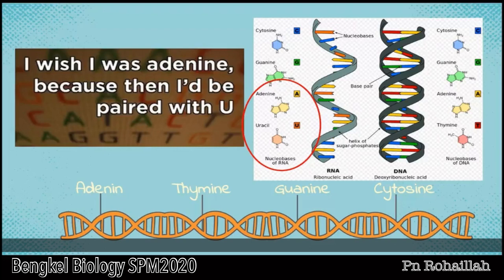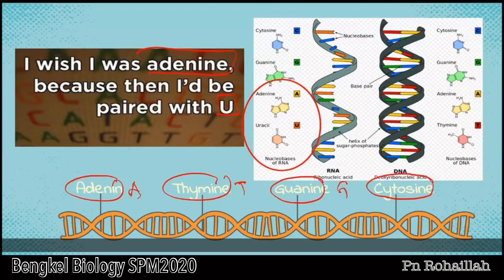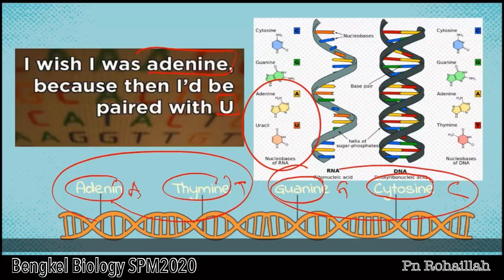Selingan. Okay, look here. Okay, you belajar sebelum ni dengan saya dalam kelas. I say that there are 4 bases for the DNA which are adenine, A, thymine, T, guanine, G, cytosine, C. Adenine will pair with thymine. Guanine will pair with cytosine. All these pairings only happen in DNA.